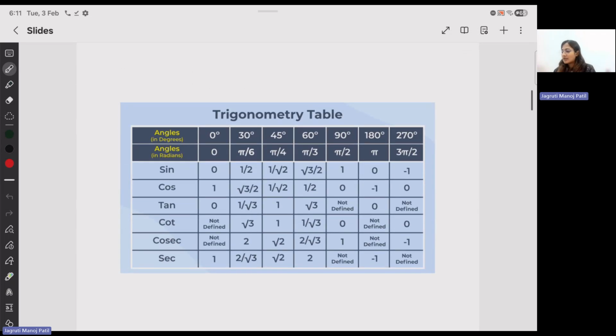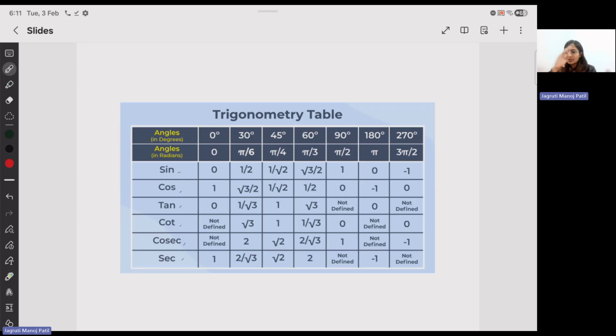Last time we directly talked about sine and cos, but it wasn't very clear if you all know these trigonometric identities: sine, cos, tan, cot, cosec, and sec. With respect to degrees and angles, we saw how one varies.